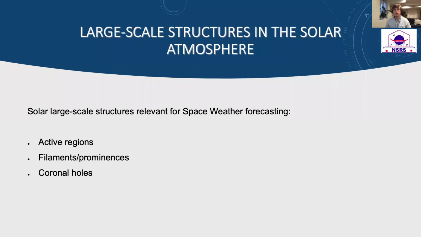Then there's filaments and prominences, which are quiet features, but they can also erupt because of their unstable nature. And the last one is coronal holes, which is a specialty of mine, and it's these large open magnetic regions. We'll go into each one individually, so if some of these terms are unfamiliar to you, hopefully they'll be more familiar by the end of this lecture.